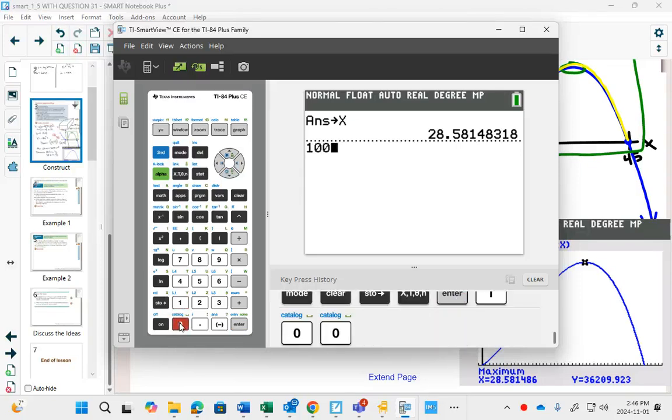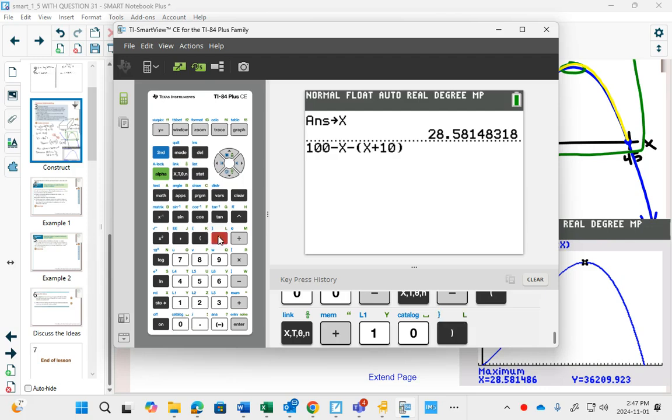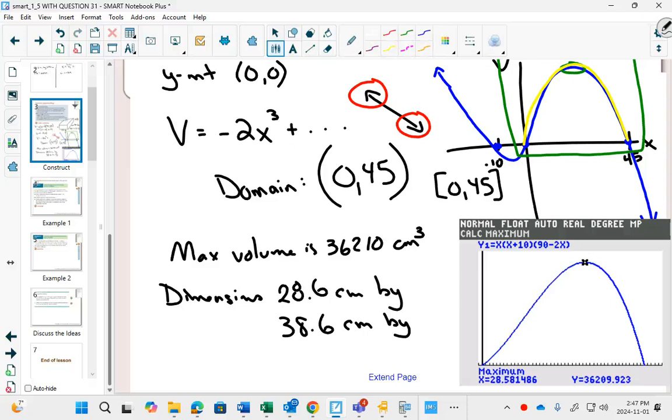So if we do 100 minus X minus X plus 10, I guess I could have done 90 minus 2X. 32.8 centimeters is our last value.